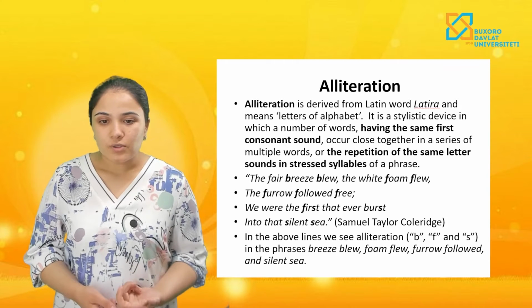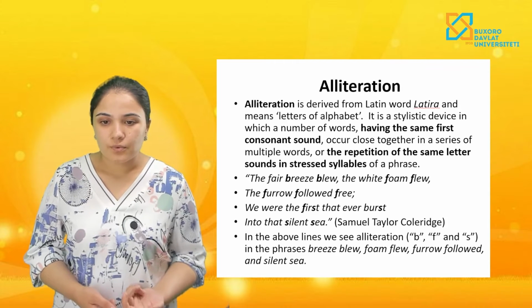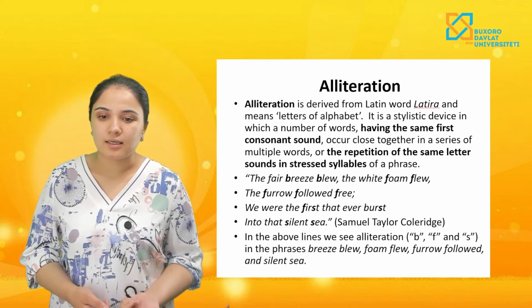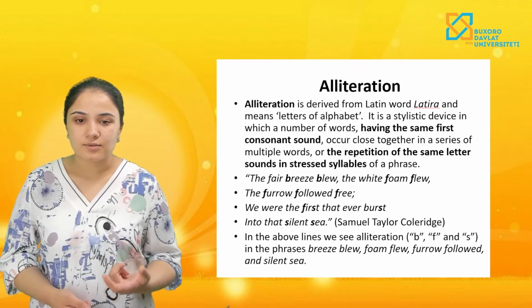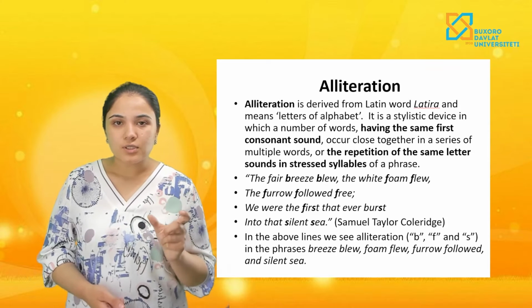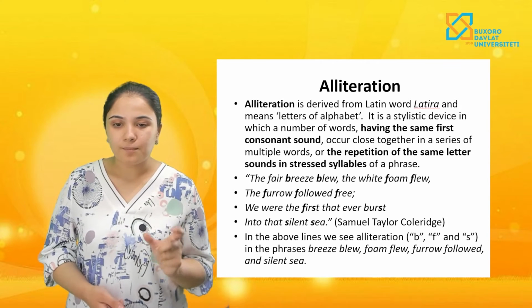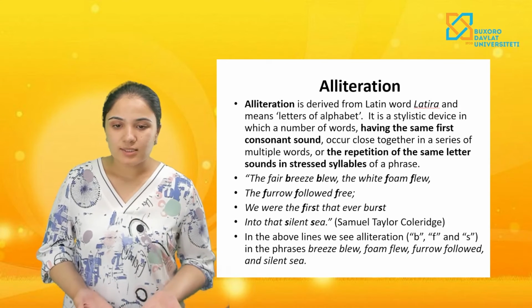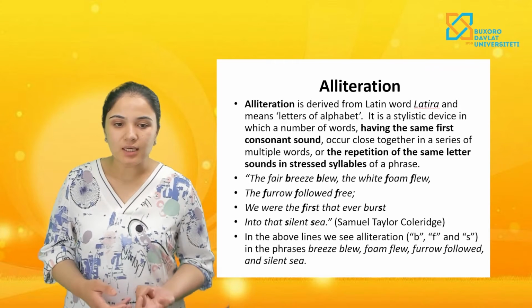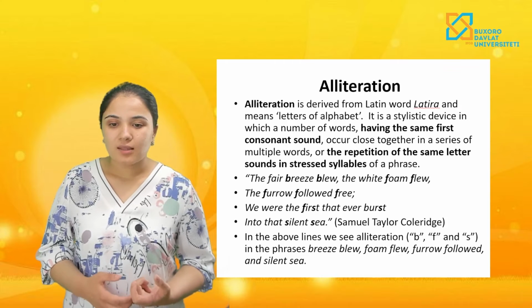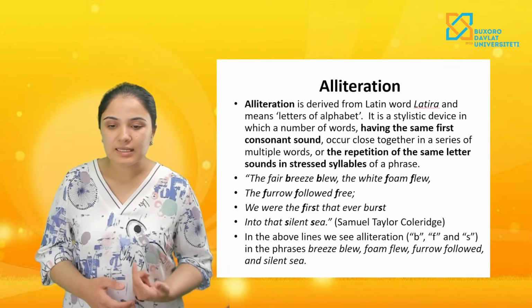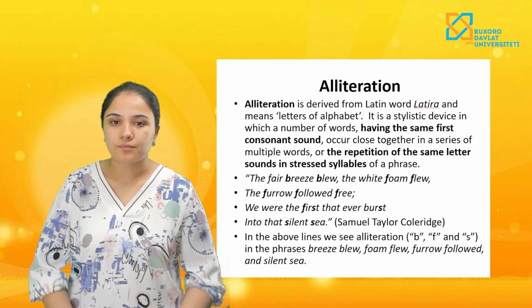We were the first that ever burst into that silent sea, here S. So the words are beginning with the same letters. So in the above lines, we see alliteration in the phrases breeze blew, foam flew, furrow followed, and silent sea.